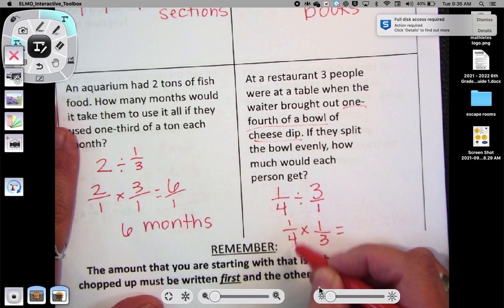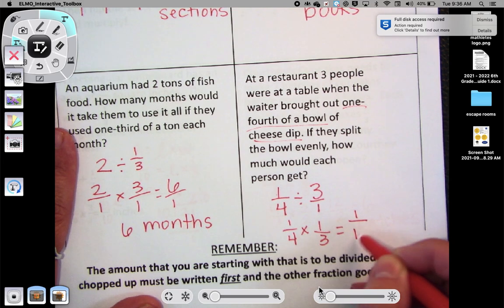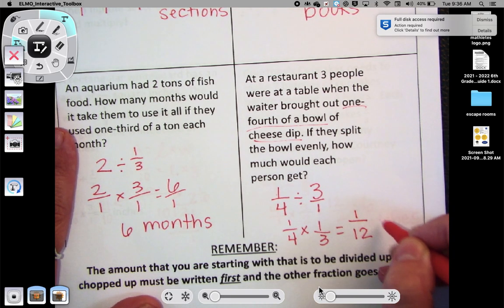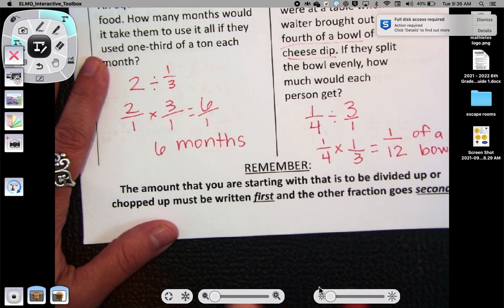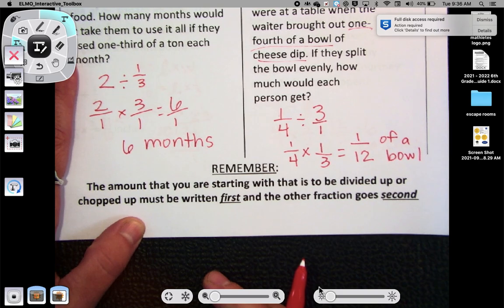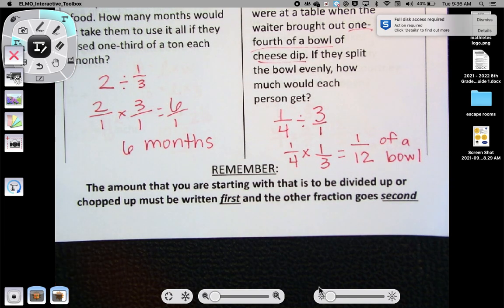Do we ever do anything to this first fraction? No, we never flip the first fraction. So each person gets 1/12 of a bowl of cheese dip. Remember, the amount you are starting with that is to be divided up or chopped up must be written first, and the other fraction goes second.